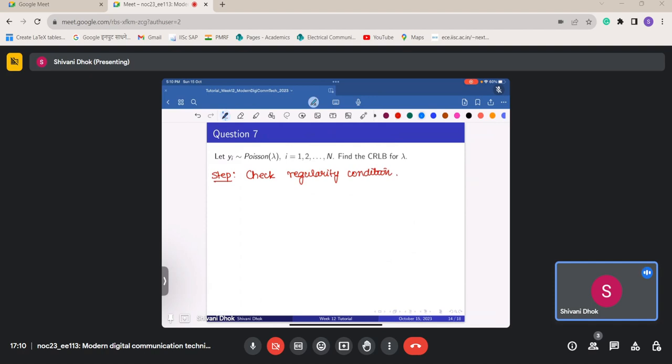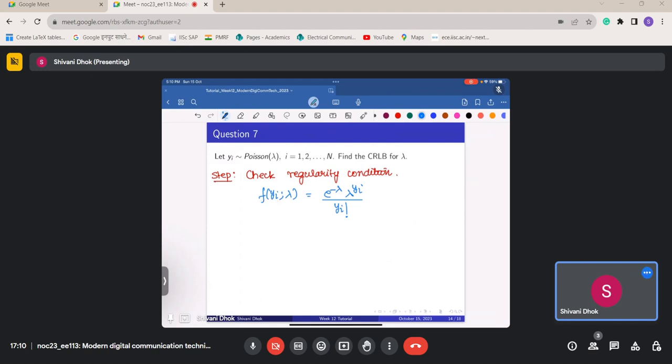Now what do you mean by a Poisson random variable? It is basically a discrete random variable. So if yi is Poisson distributed, then f of yi given lambda will be equal to e power minus lambda into lambda to the power yi divided by yi factorial.